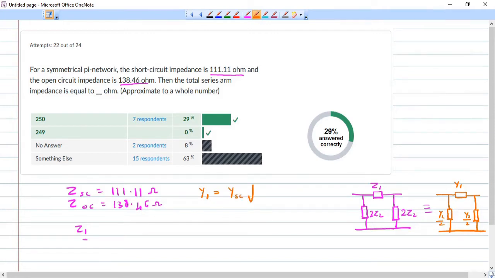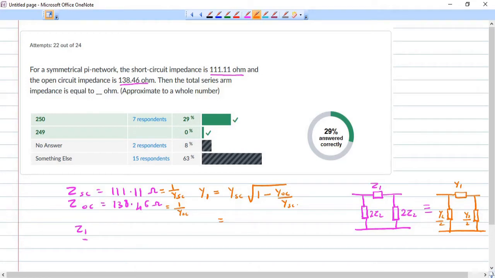YSC root of 1 minus YOC by YSC. Okay. So what is YSC? So what is ZSC? ZSC is actually 1 by YSC. So YSC is 1 by ZSC. Similarly, ZOC is 1 by YOC.